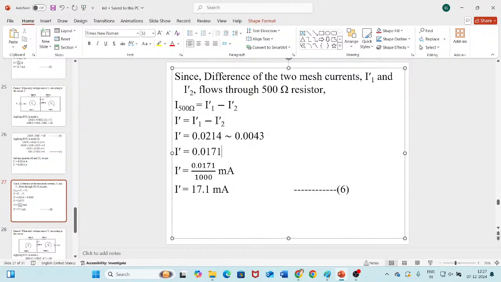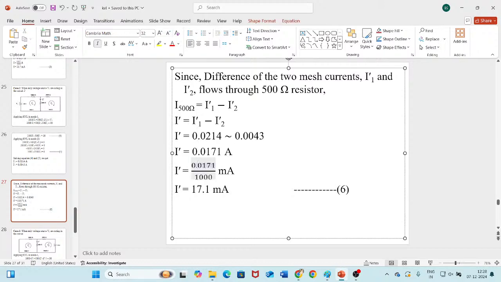So the current through 500 ohms is I dash. So I dash equal to I1 dash minus I2 dash. So I dash equal to 0.0214 minus, or difference, 0.0043. So you will get I dash equal to 0.0171.